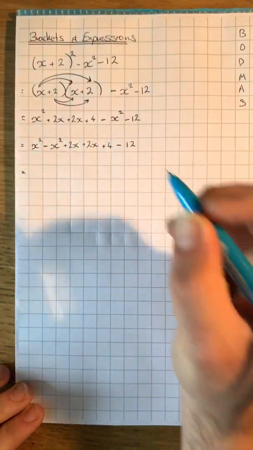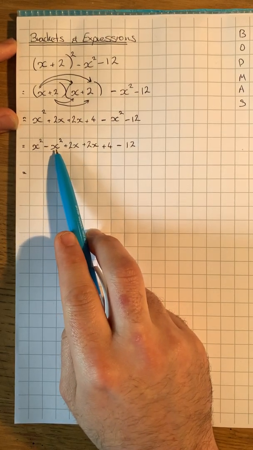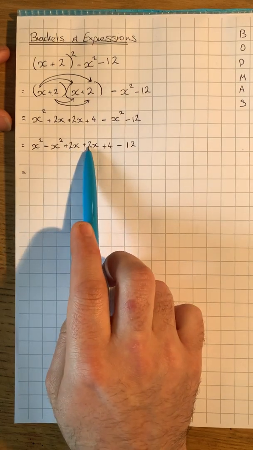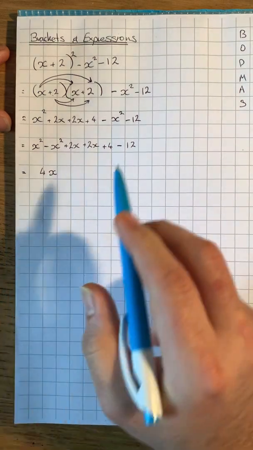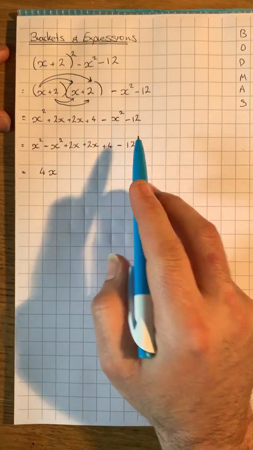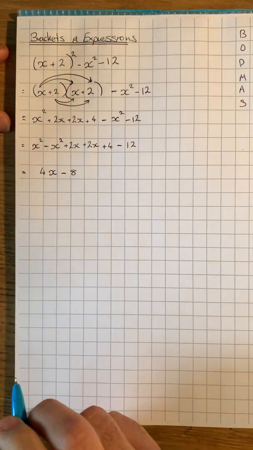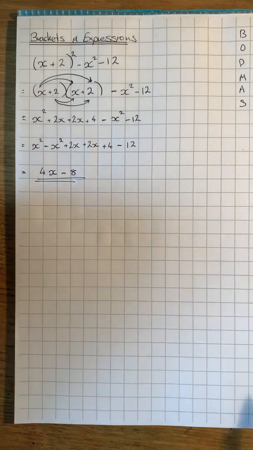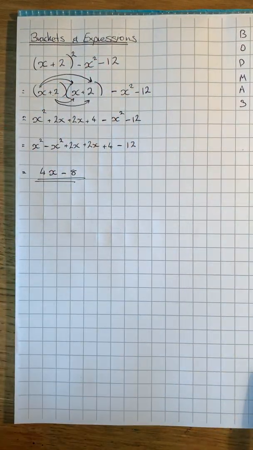Next, just a simple case of adding and subtracting. So x squared take away an x squared will leave us with no x squareds. We then have 2x add 2x, which would leave us with 4x, and then plus 4 subtract 12 is negative 8. So that's just a simple straight-out one like that, where we have a squared here and just a regular term up here.